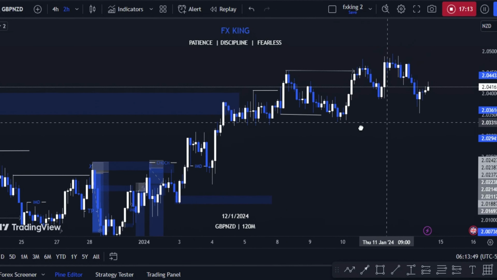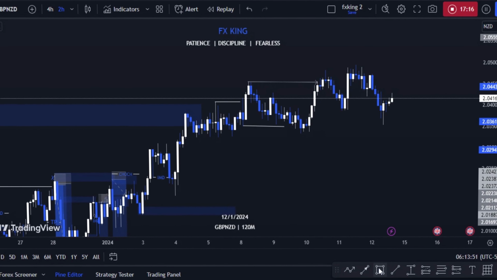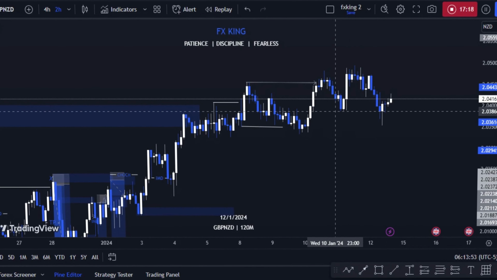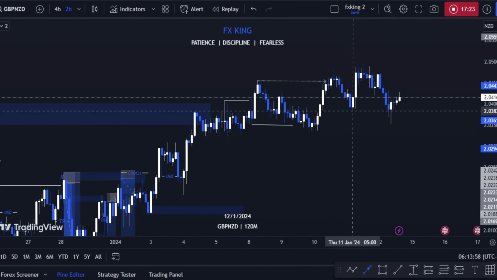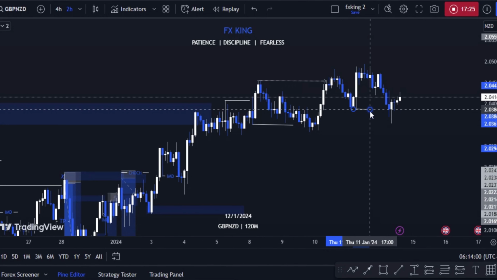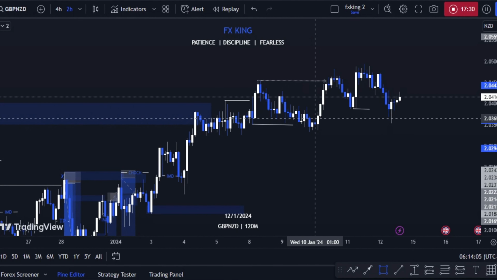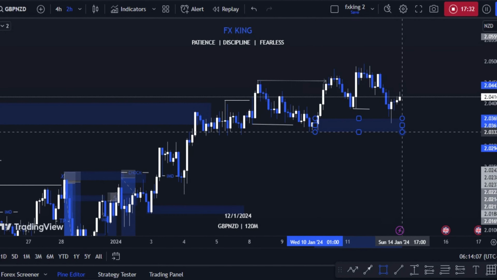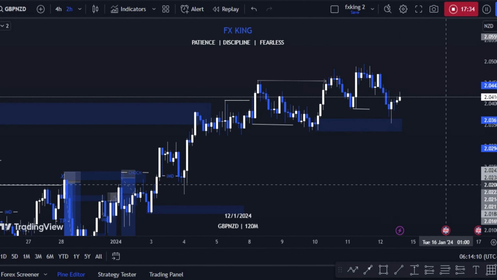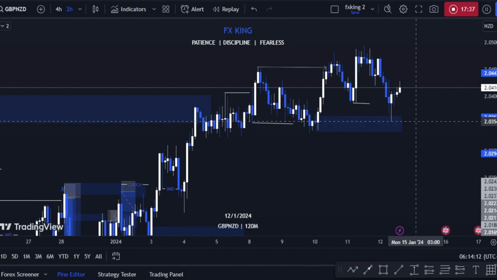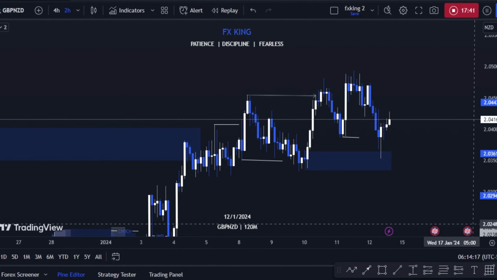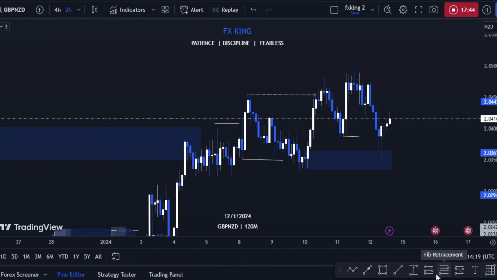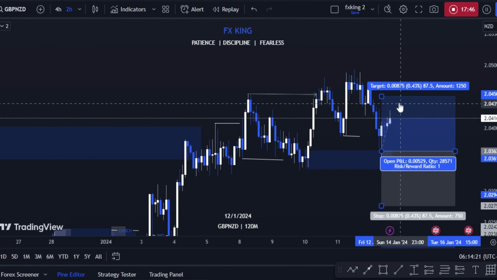And now he will have this inducement before his point of interest, and he will be looking for a buy here. This is how his position will look like.